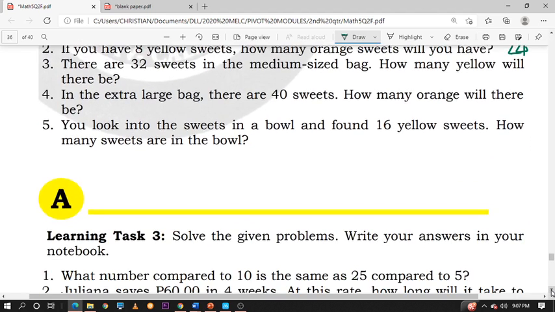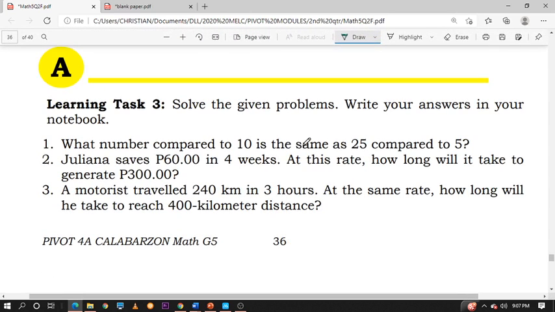Okay? So, sa learning task 3, solve the given problems. What number compared to 10 is the same as 25 compared to 5? So, may number na kinumpare natin sa 10. Pareho daw siya ng 25 compared to 5.